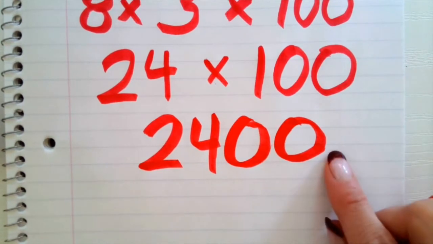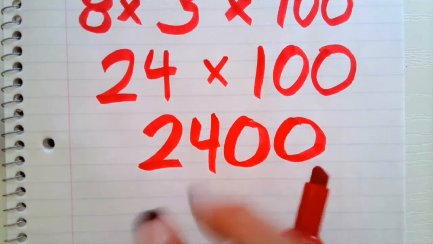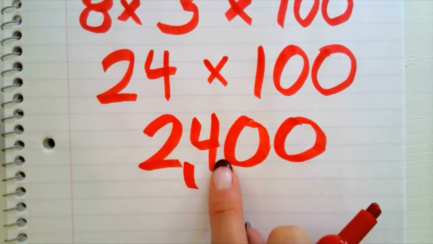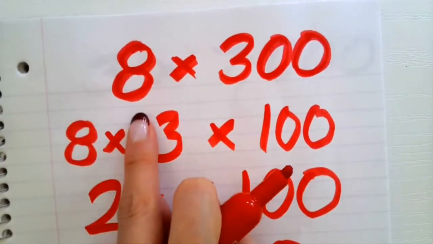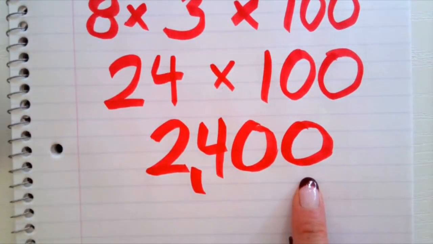And then we need to put a comma. Remember, we start at the smallest place value on the right, and we move 1, 2, 3 spaces. A comma goes here between the thousands and the hundreds place. 8 times 300 is 2400.